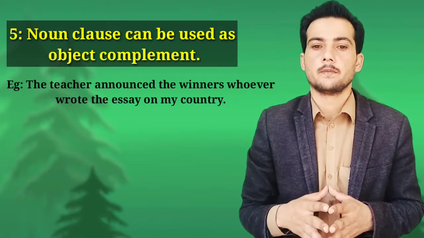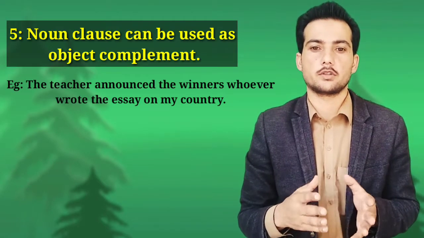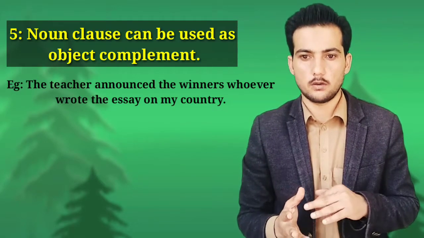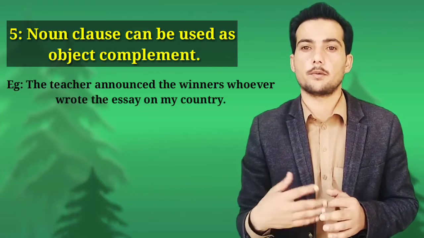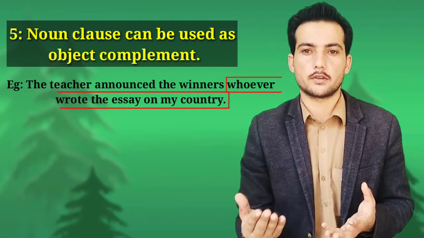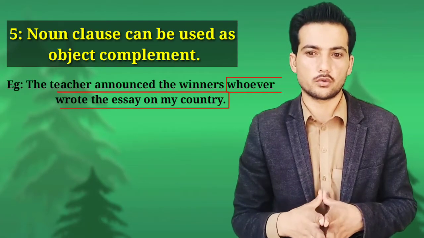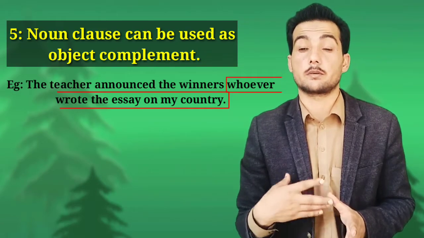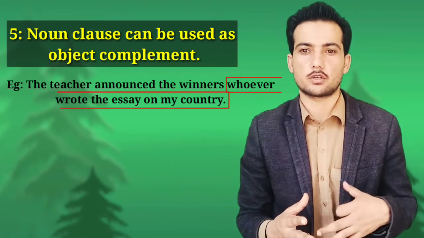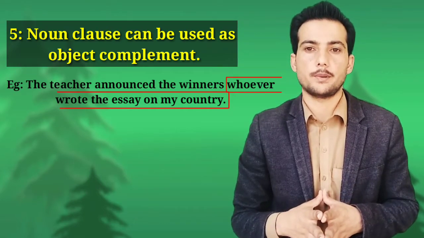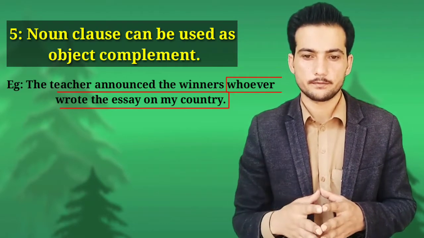If you analyze this sentence, the teacher is the subject, announced is a verb, and the winners is the object. And which sort of winners? After that there is a noun clause, whoever wrote the essay on my country. This one is an object complement because it gives information about the winners, the object. So that is why it is a complement of this object.